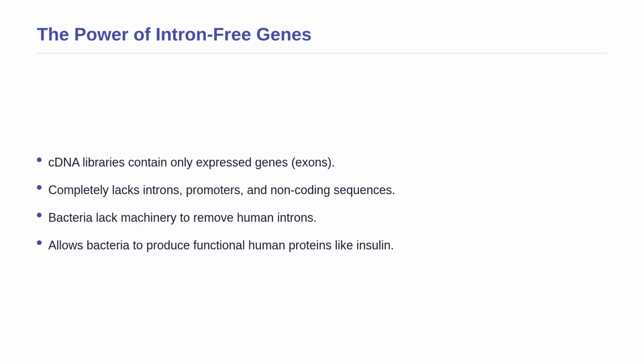This is vital because bacteria, which are often used as biological factories to produce life-saving human proteins like insulin, do not have the cellular machinery to remove introns from human DNA. If we put a raw genomic gene into a bacterium, it produces a useless, garbled protein. By using a cDNA library, we provide the bacteria with a clean, pre-edited version of the gene that they can read perfectly.